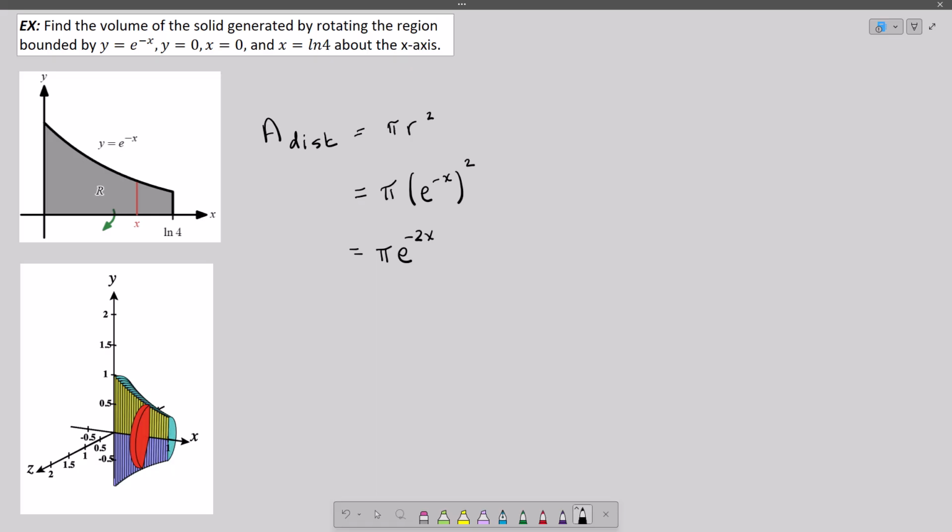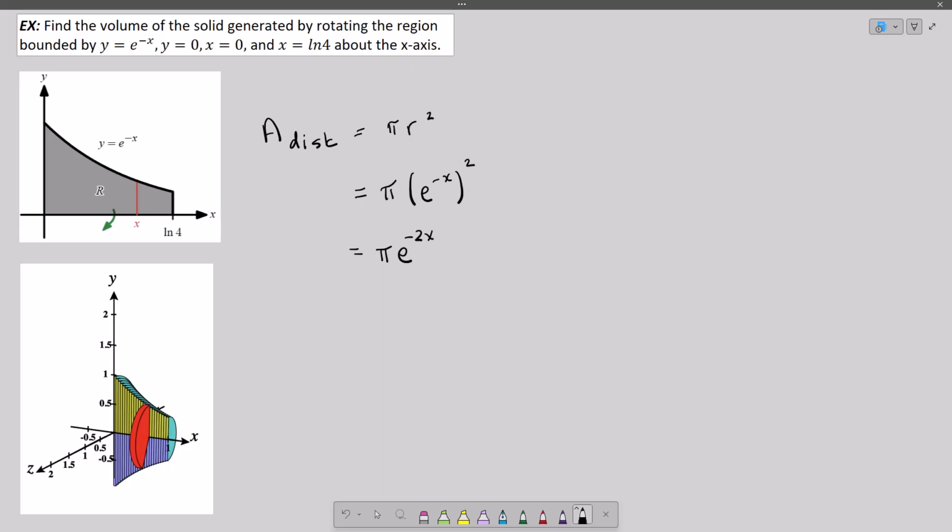Can you tell me what the radius of the disk is when x is 0? What's that going to be? 1. And if that radius of 1 rotates around, it creates a unit disk. The area of a unit disk, pi r squared, would be pi 1 squared, which is pi.